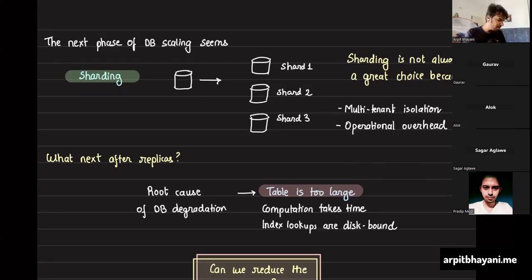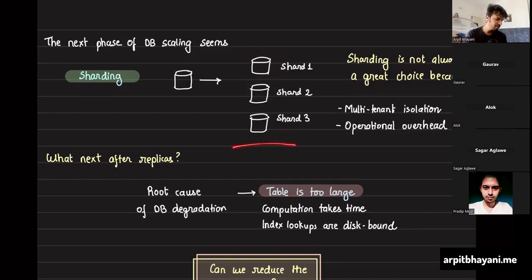You break your master into n databases with n mutually exclusive subsets of data. For example, orders from user 1 to 100 over here, 100 to 200 over here, 200 to 300 over here. Let's say there are only 300 users. So you create mutually exclusive groups and shard it. We have seen this approach far too many times up until now.